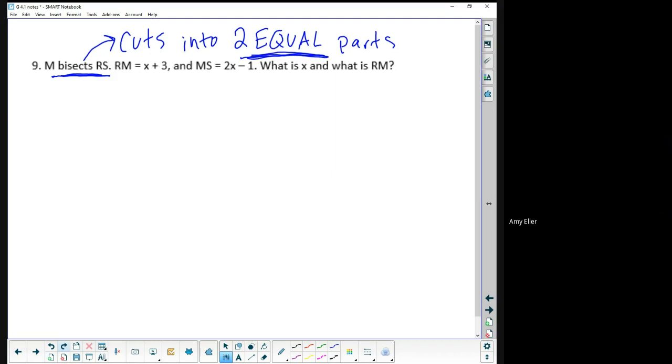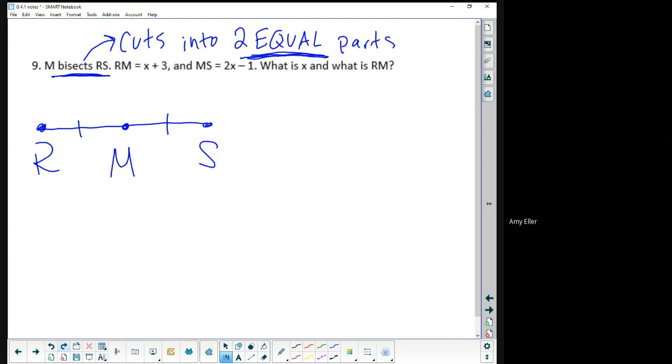M cuts into 2 equal parts RS. Take RS and cut it into 2 equal parts. Pretty much just like the word midpoint. Don't forget, if you've been told it's the middle or it's been bisected, mark those 2 pieces alike.